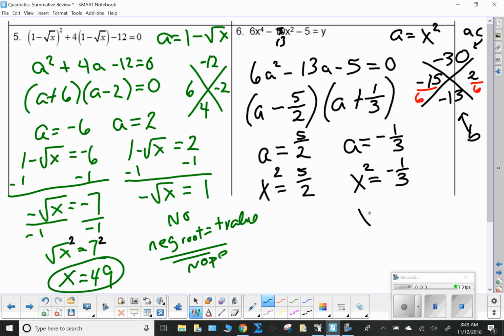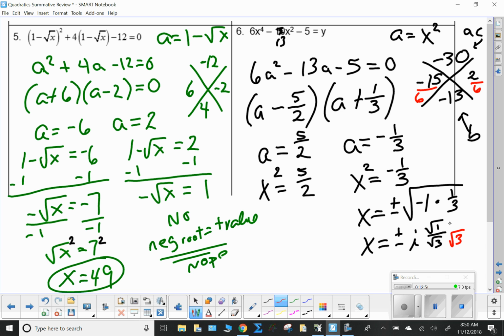So here, x is equal to plus or minus the square root, and we can separate this out as being negative 1 times 1/3. That means that x is equal to plus or minus i square root of 1 over square root of 3. We know that we can't leave a radical in the denominator, so I need to multiply by square root of 3 over square root of 3, which is a form of 1.